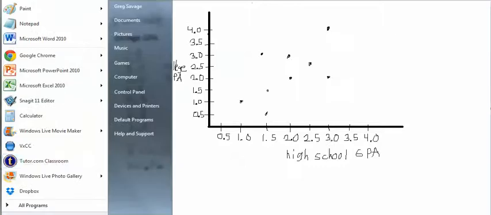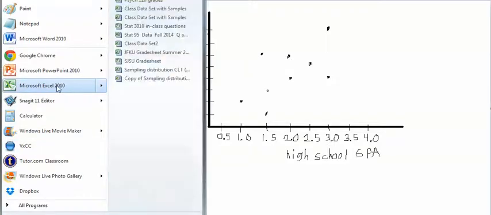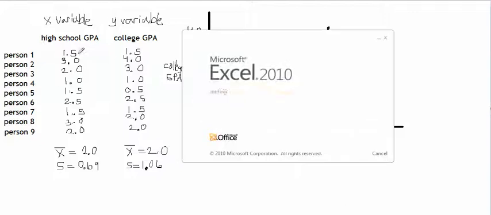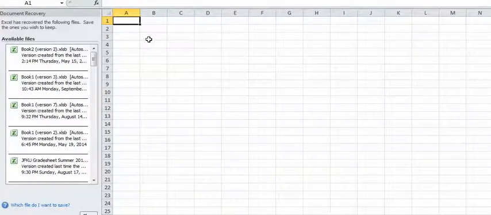Let's go to Excel to find out what the correlation coefficient equals, since we're not calculating correlation coefficients by hand in this class. Let's enter in all of our data. We have 1.5 and 1.5.